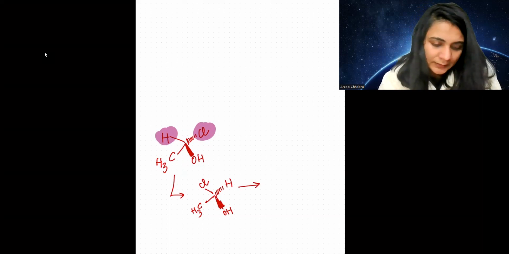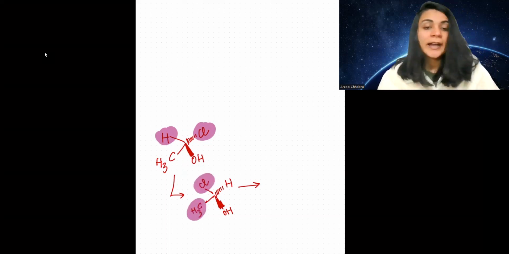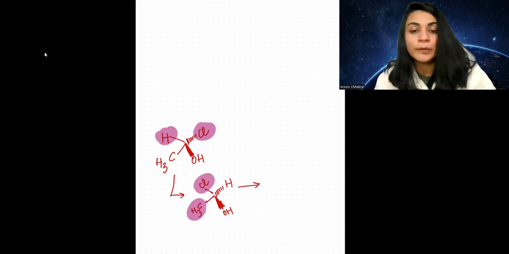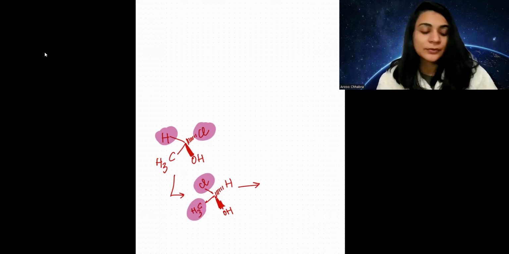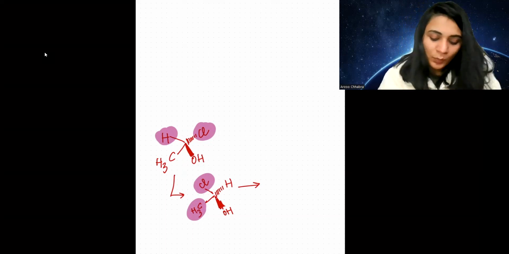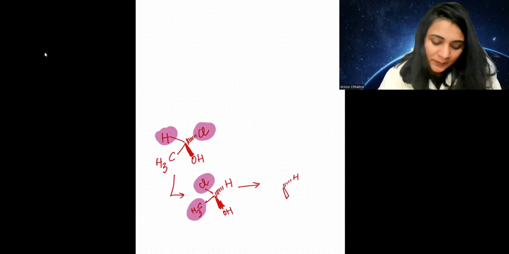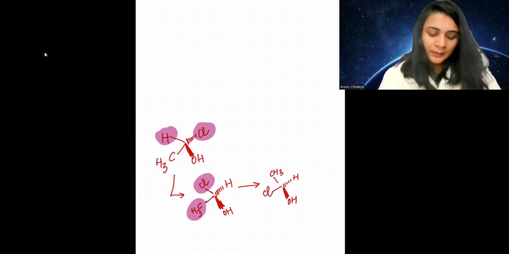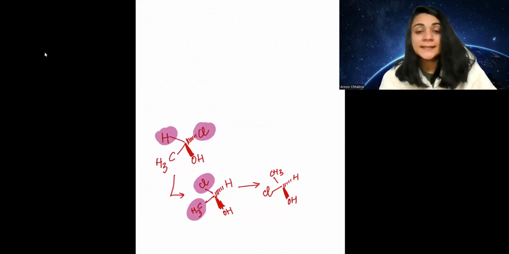now I'm going to switch over Cl and H. I just don't want to switch over my H now. I want it to stay unaffected because I want it on my dash bond. So I'm going to switch over Cl and CH3, but at this point, it can be any two atoms you can switch over.